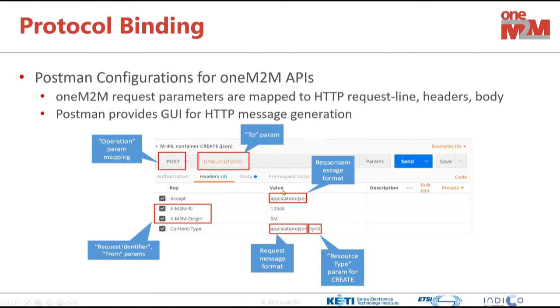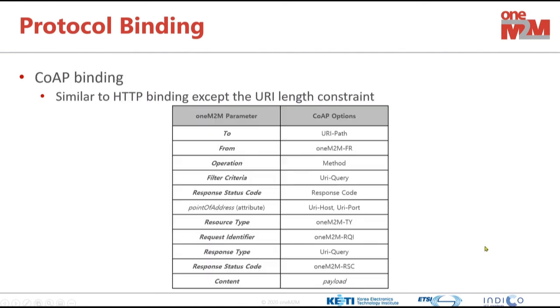Yeah, something like that. For CoAP, of course, just like the HTTP, basically we provide mapping. So oneM2M primitive parameters are mapped into CoAP options and CoAP body.